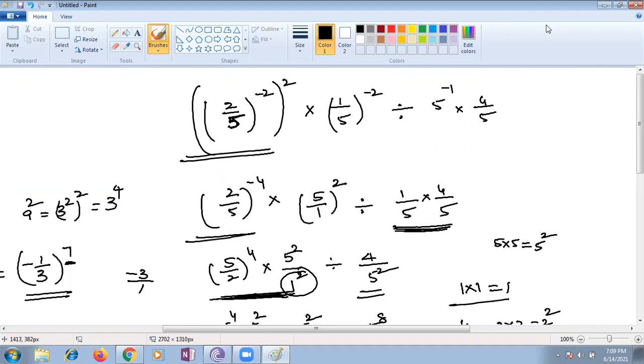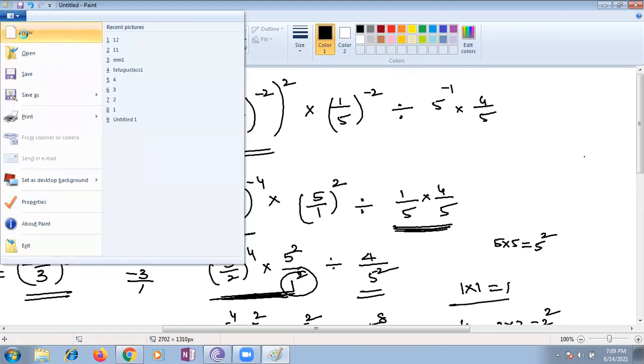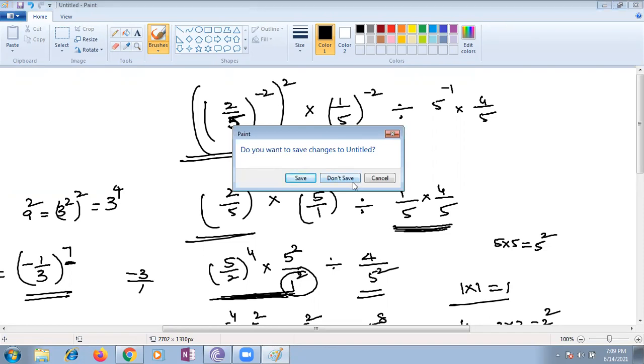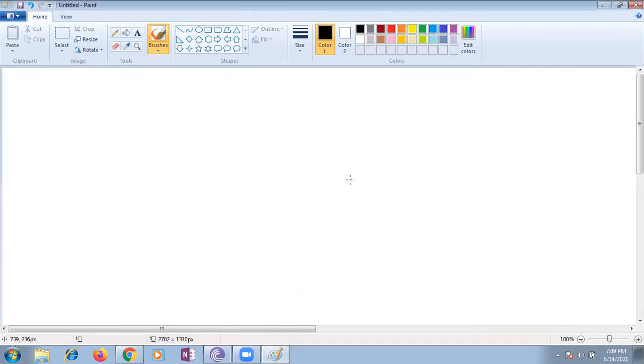Yes, ma'am. For this question, I got the answer as 15625, ma'am. Denominator? No denominator. Actually, it was 62500 by 4, ma'am. I did the simplest form. But it is not reduced, I think.